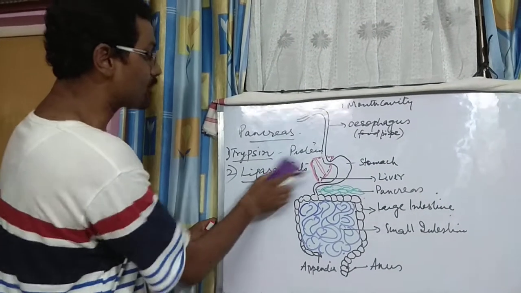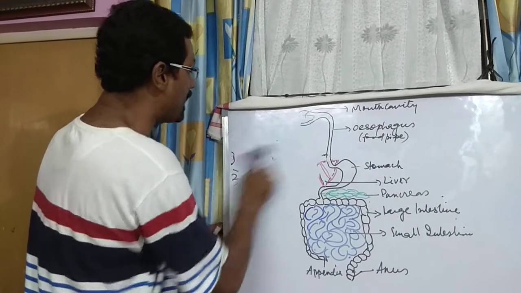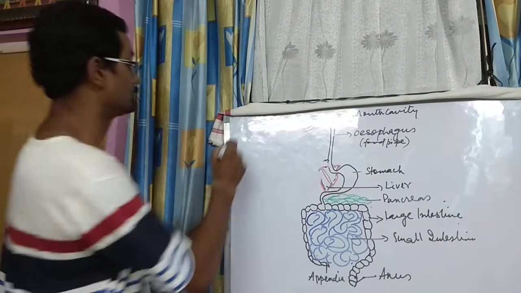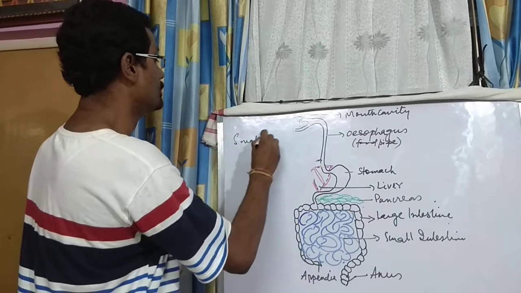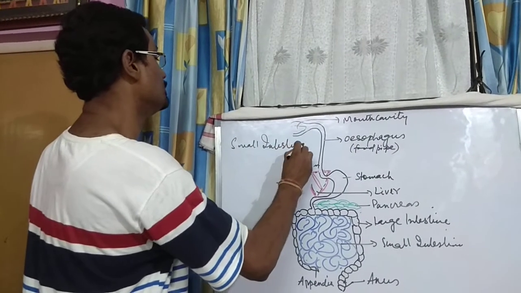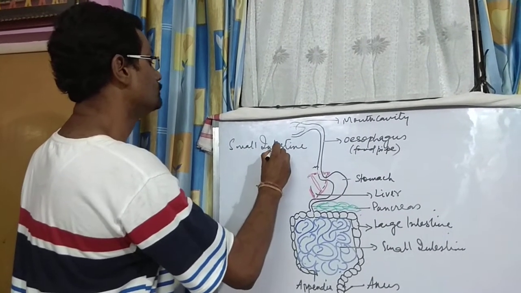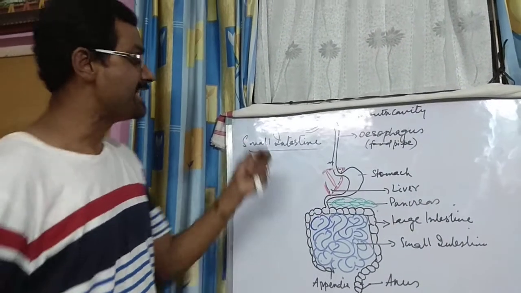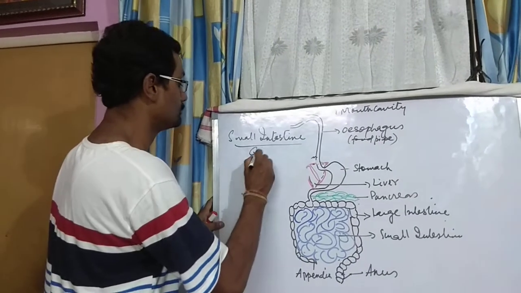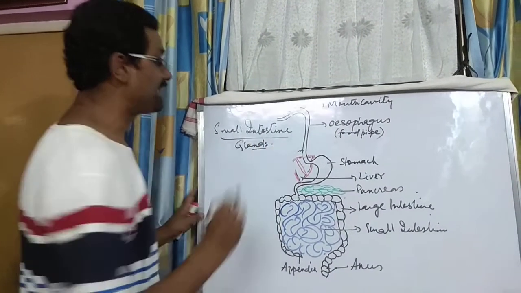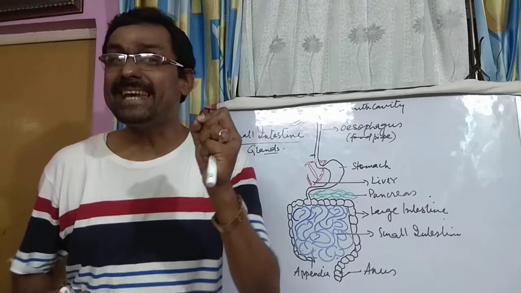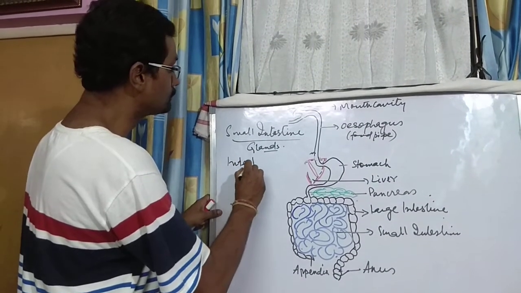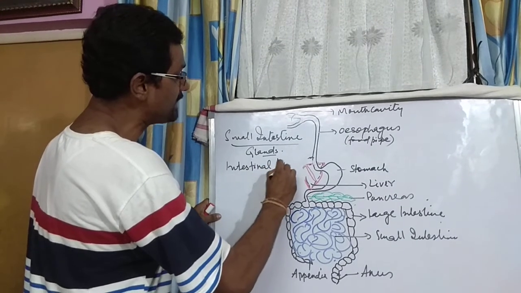This is pancreas over. Now we are finding another word coming here, the small intestine. In the wall of the small intestine, there are glands, and those glands secrete juice that is called intestinal juice.